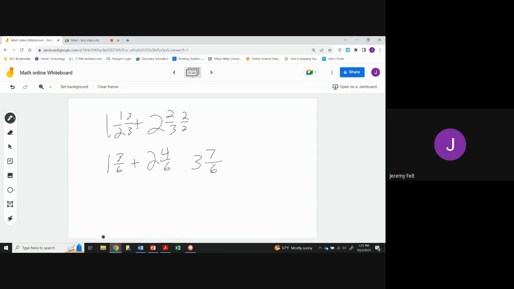So again, pull 1 out of 7/6 in the form of 6 over 6 and add it to here, and then I have 1 left over, 4 1/6. Because again, 7/6 equals 1 1/6, and then we add that to our 3, and we get 4 1/6.